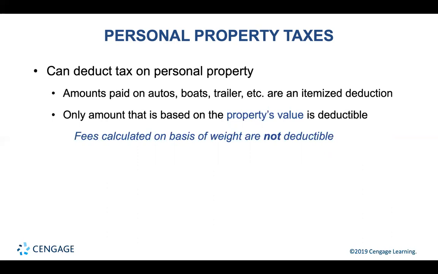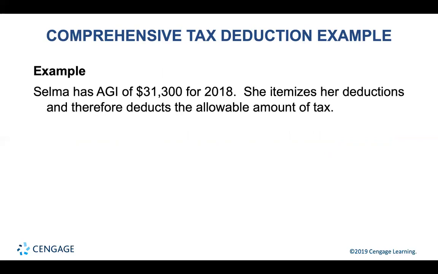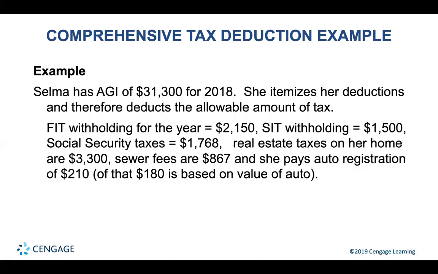You can deduct taxes that are paid on cars, boats, trailers, etc., and add those together as the personal property amount. So here's a comprehensive tax deduction example for you. Selma has an AGI of $31,300. She itemizes her deductions and therefore deducts the allowable amount of tax. Her federal income tax withholding for the year is $2,150. Her state income tax withholding is $1,500. Social Security taxes are $1,768.